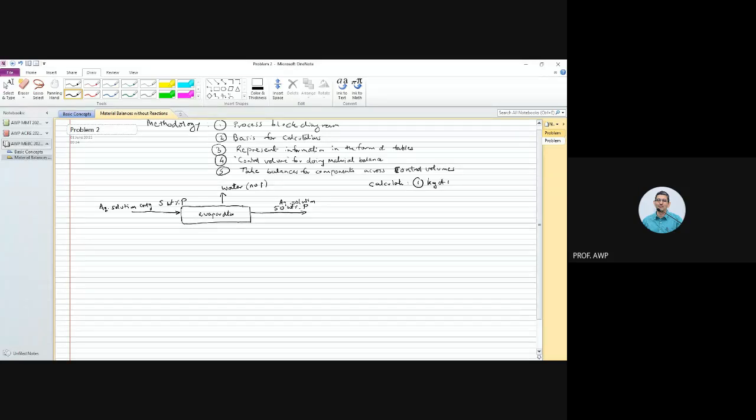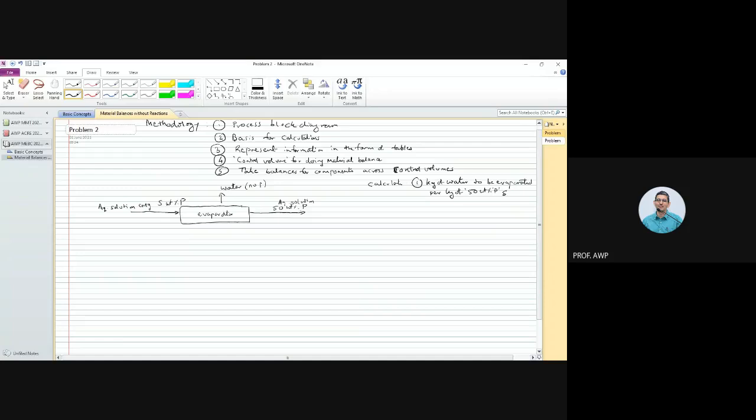So what I want you to calculate is the kgs of water to be evaporated per kg of 50 weight percent P product, per kg of this solution coming out of the evaporator.